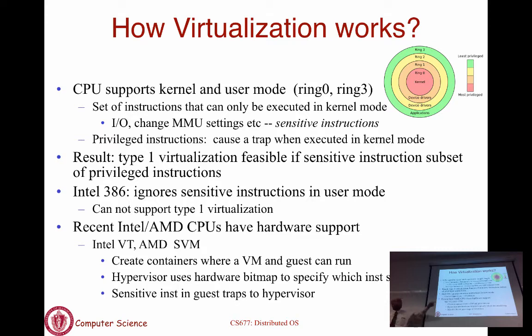So you can dynamically turn on this feature for any instructions you want using virtualization technology. The hypervisor uses a hardware bitmap to tell the CPU, if this instruction is executed in anything other than ring 0, trigger a trap. So you can explicitly program your CPU to get that property. If VT is disabled, then you are back in this mode and you can't actually run virtual machines at all.